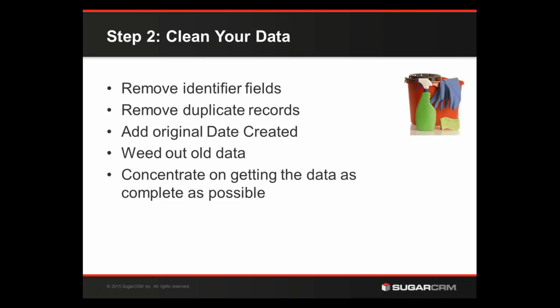So a question in the chat is, does Sugar keep any record of who, when, what data was imported for audit? It does not, on the user interface. It's only going to track when the record was imported. That's going to be the date created for that record. But the who and the when is only going to be tracked after it's imported. So if a field that's marked as an audit field is changed, it will keep who did it, when they did it, what they changed it to, and what it was previously.